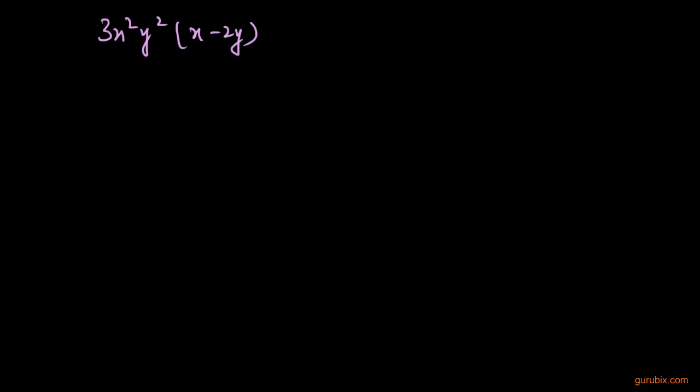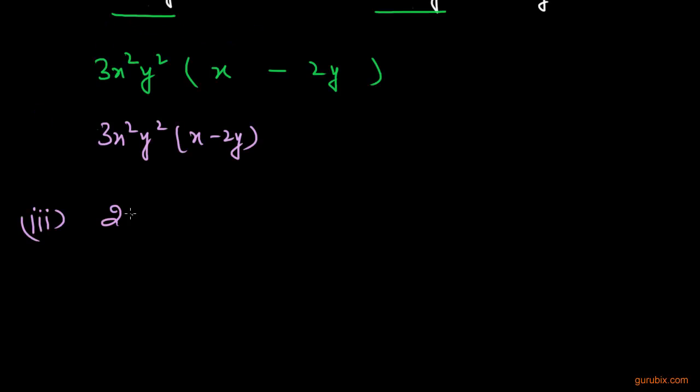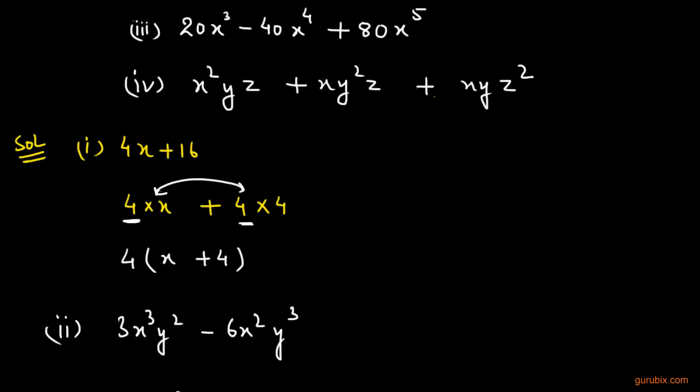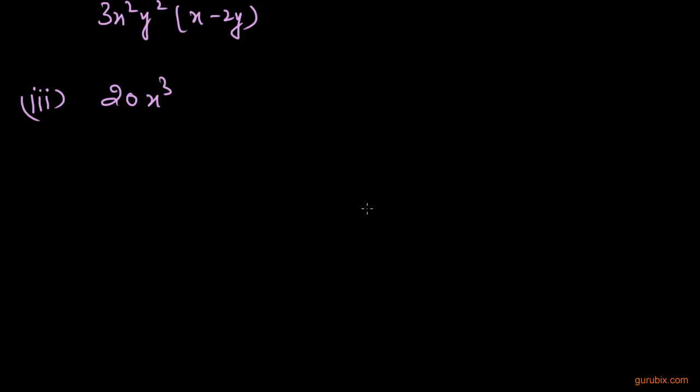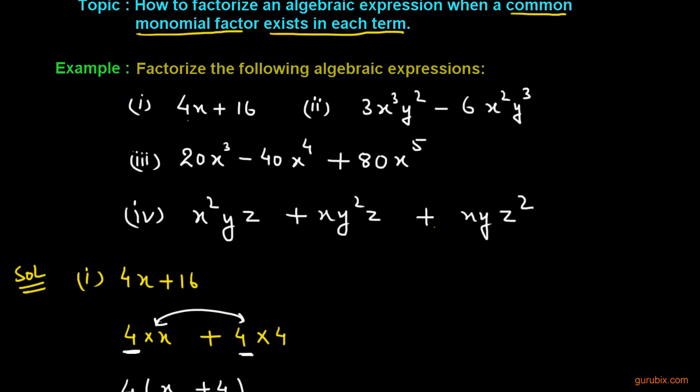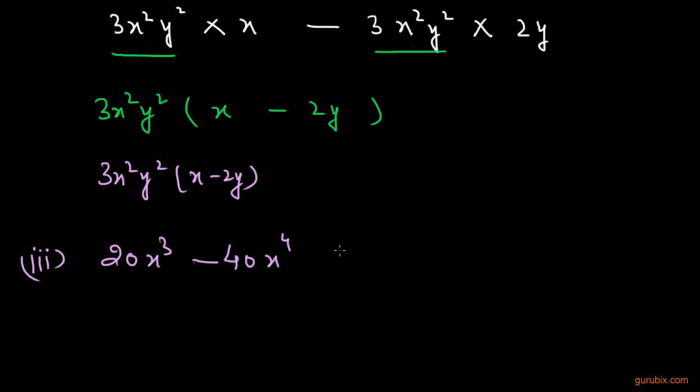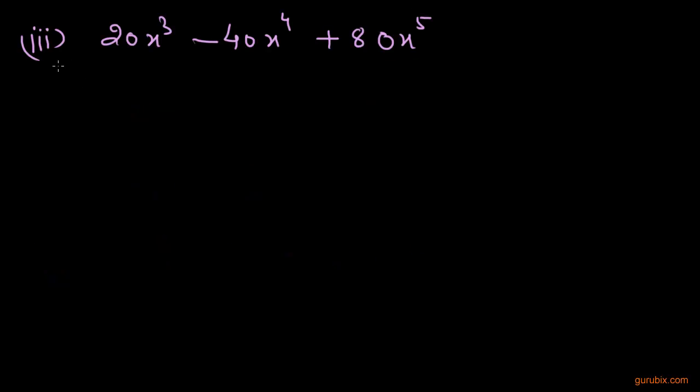Now we shall move to the third part of the example, and the third part is 20x cube minus 40x raised to 4 plus 80x raised to 5.